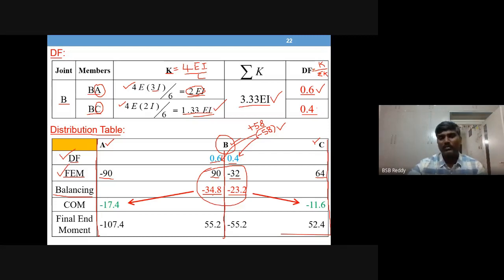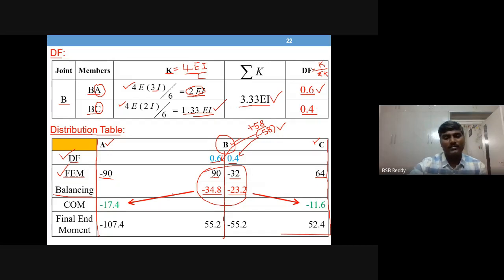Now, what you have done is you have applied minus 34.8 at B for AB. The far end of that is A, which is fixed. So half of this value shall be carried to A. B is the near end. Wherever you have applied moment, that is called the near end, and the other end is the far end.